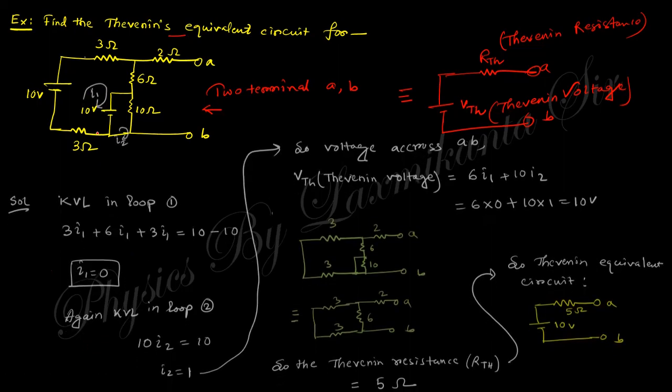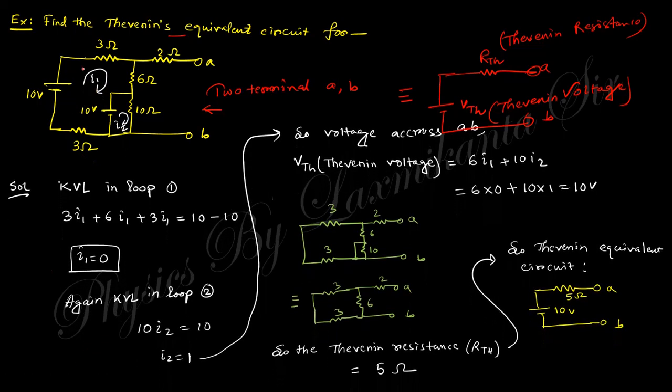So you can see here, if we consider two loops, this is loop 1 and this is loop 2. For loop 1, you just use Kirchhoff's voltage law, KVL, with current I1 and this resistance. So 3 I1 here, this is I1 and this is 6. There is no loop current, so there will be only 6 I1 and 3 I1.